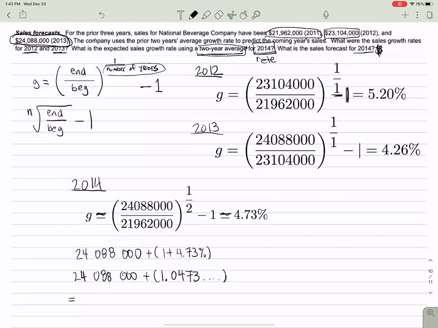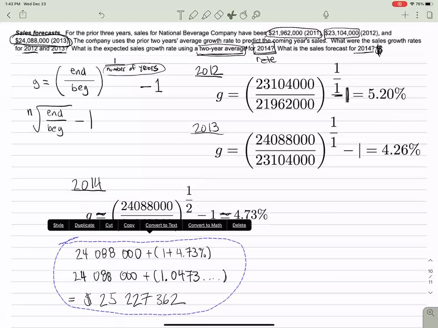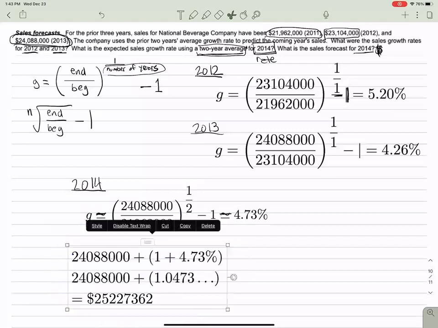But just keep an eye out for that. So if we do only use the 4.73, we should get a final dollar amount, again rounding to the nearest dollar, of 25,227,362.